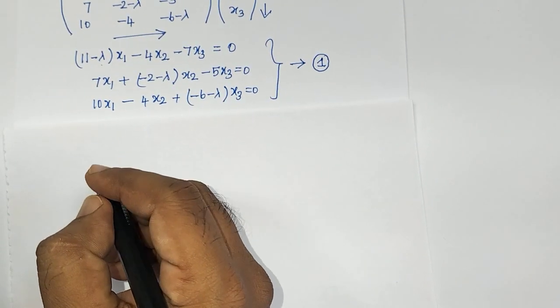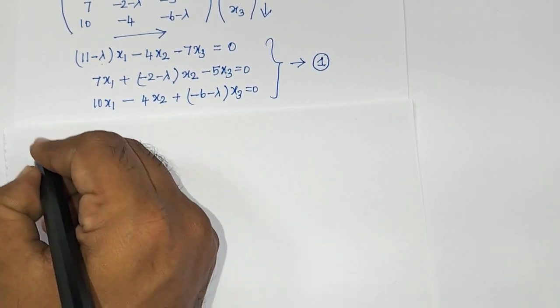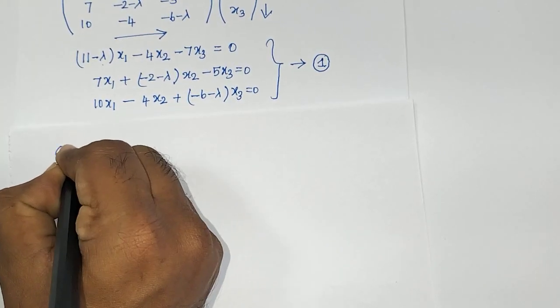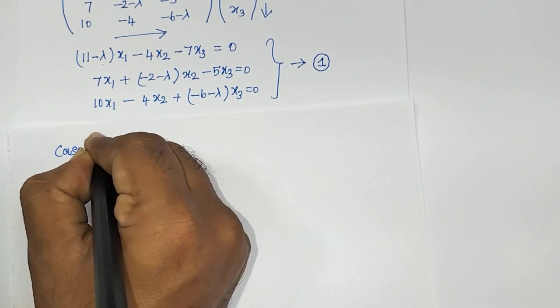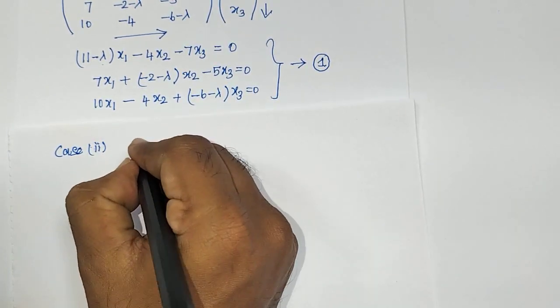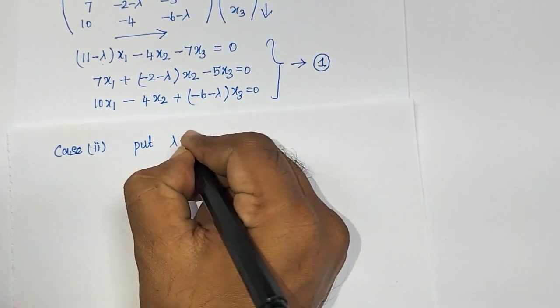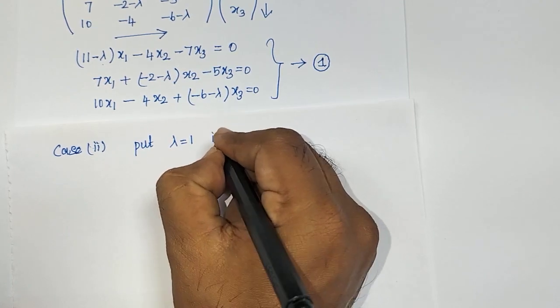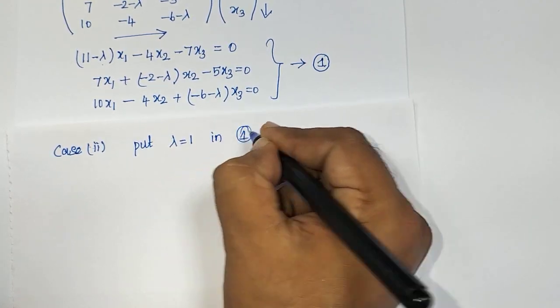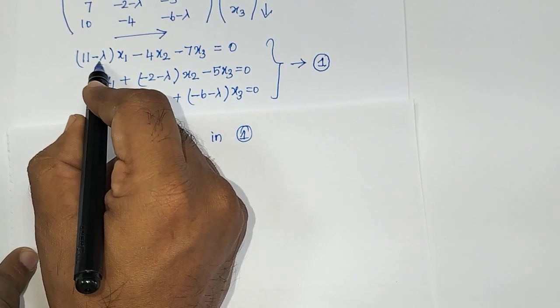So next I'm going to find the second eigenvector. I will write case 2. Put lambda equal to 1 in equation 1. So here you can substitute lambda equal to 1.